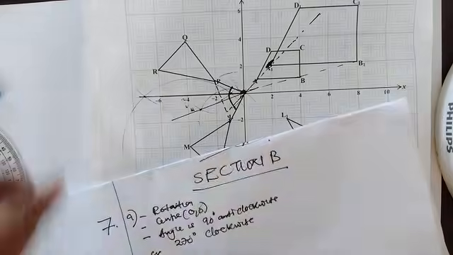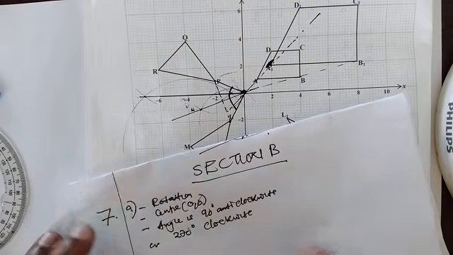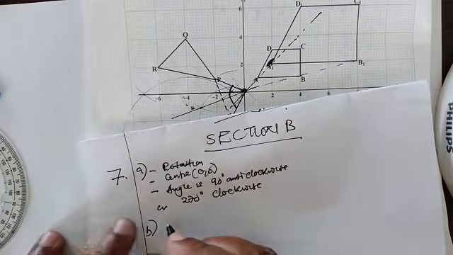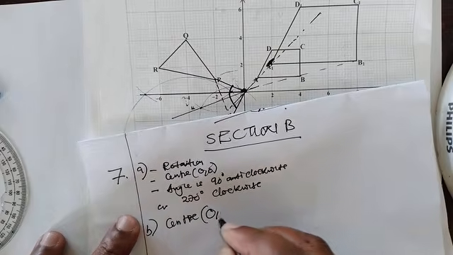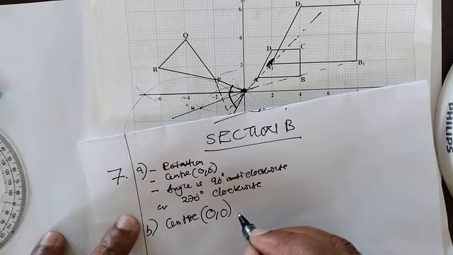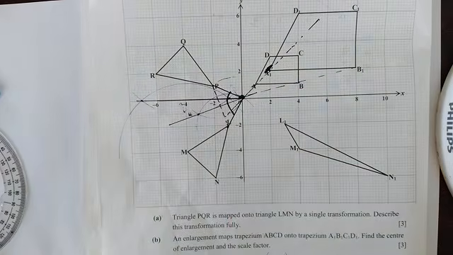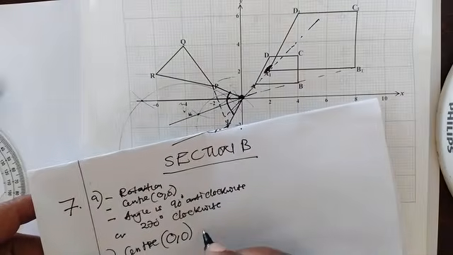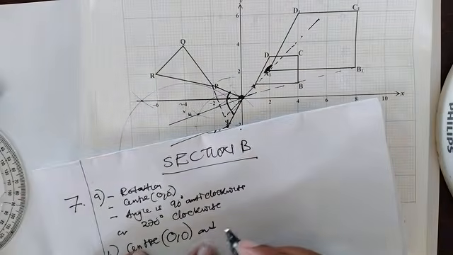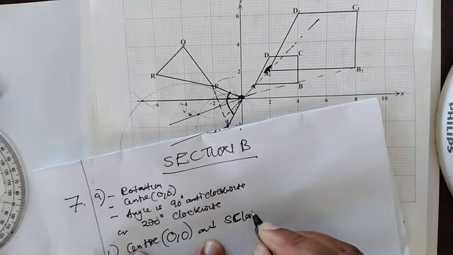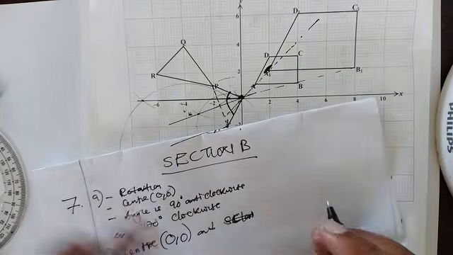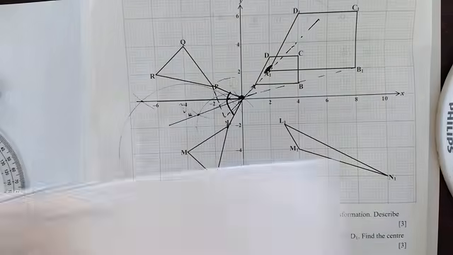So for B, the center is the origin, 0, 0. Then the scale factor. Take note.